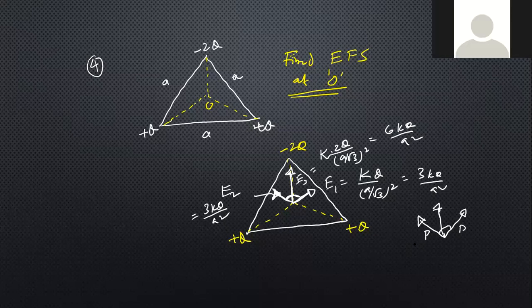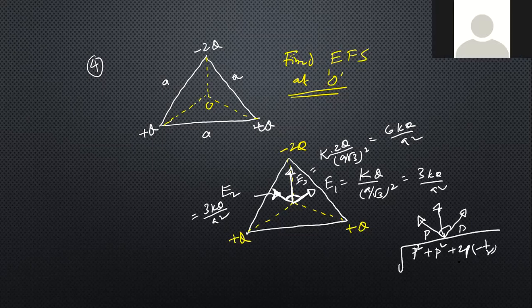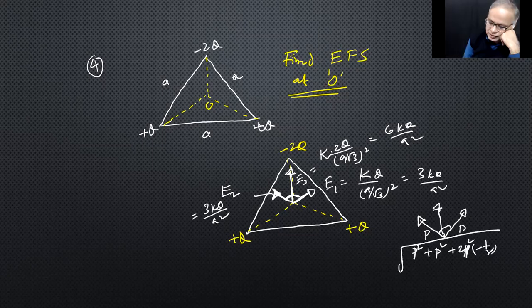Resultant is root of P square plus P square plus 2P square cos 120. 2P square cos 120 is minus P square, so P square plus P square minus P square. Root P square is P. So resultant of the other two is this way with same magnitude.